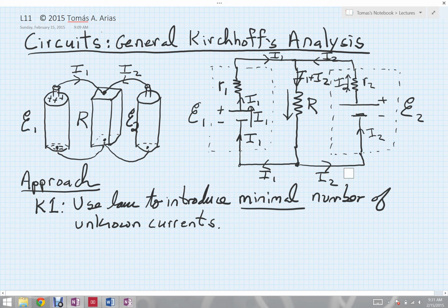Next, then, having exhausted all that we can get out of K1, now it's time to try to solve for these two unknown currents, and we therefore will need to generate some equations to solve for them. That's where we begin to use the voltage law.